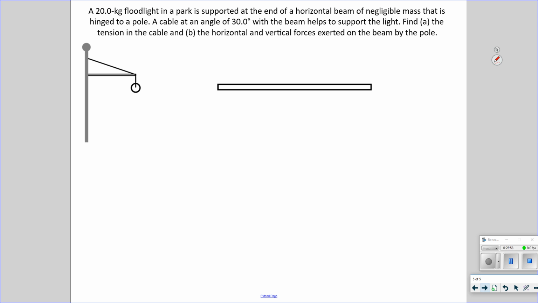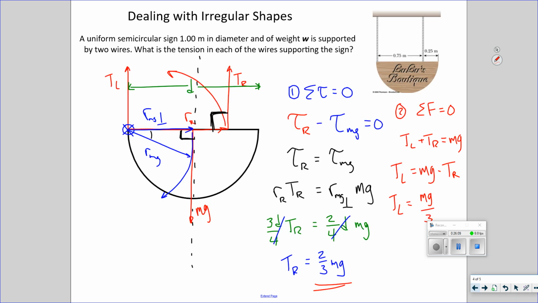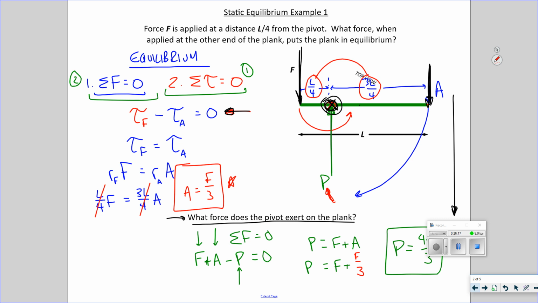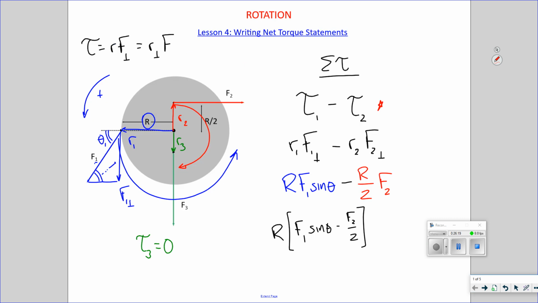In another video we'll look at more challenging net torque or equilibrium problems. But for cases where everything we can turn into an R that's perpendicular to a force, these are great examples of pretty standard static equilibrium problems. Okay?